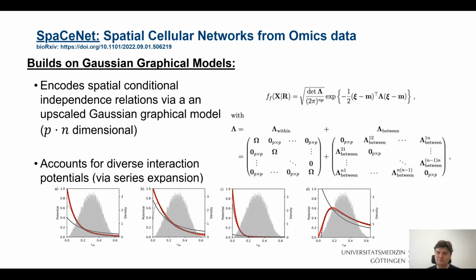For instance, from left to right, something like intermediate range is figure A, long range figure B, short range figure C, and figure D is something strange, which we also tried. So there are no molecular interactions if cells are very nearby, so the potential is near zero.